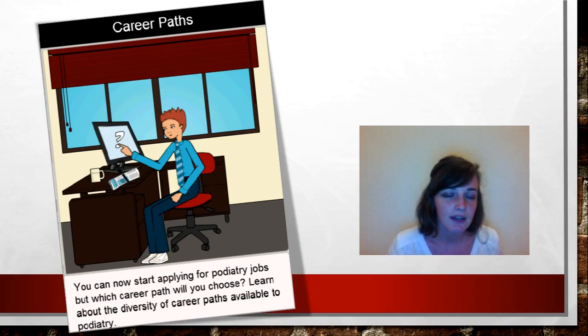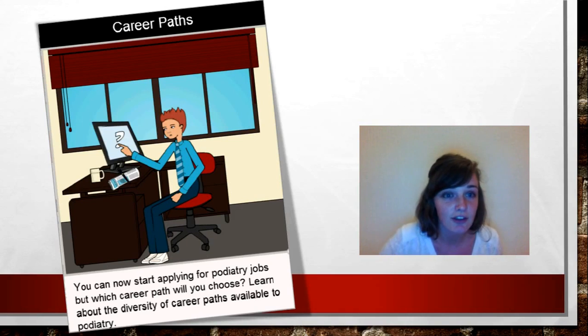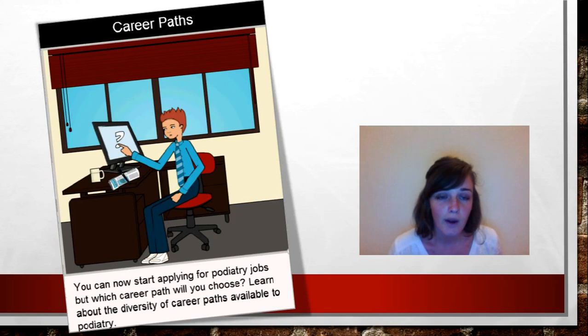So here it'll be directing you to different websites. There'll be lots of links that will show a lot of information relating to the different areas of podiatry. For example, specialising in different areas such as rheumatology, diabetes, musculoskeletal, and also where you can work.